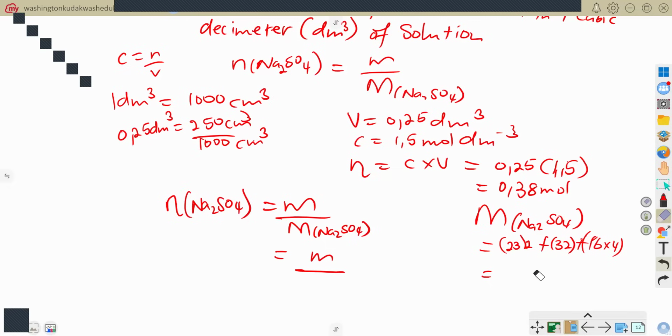I think this value is wrong. Because I can see that the values I have here are not tallying.